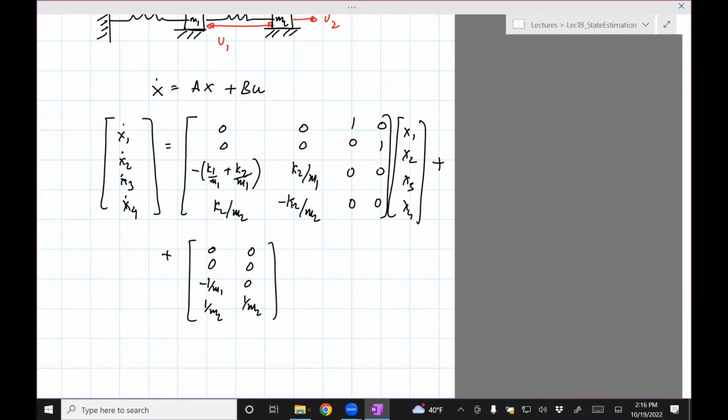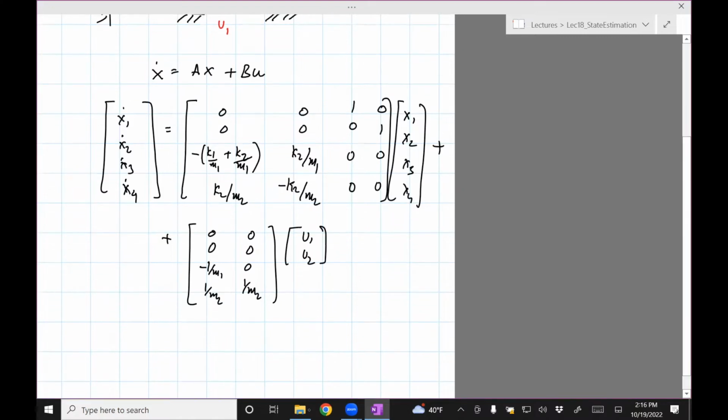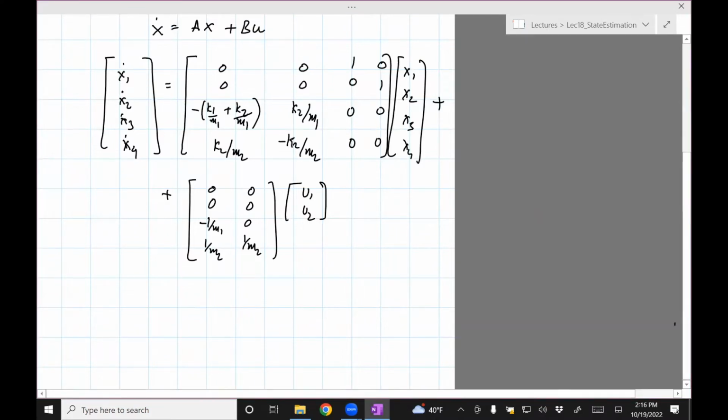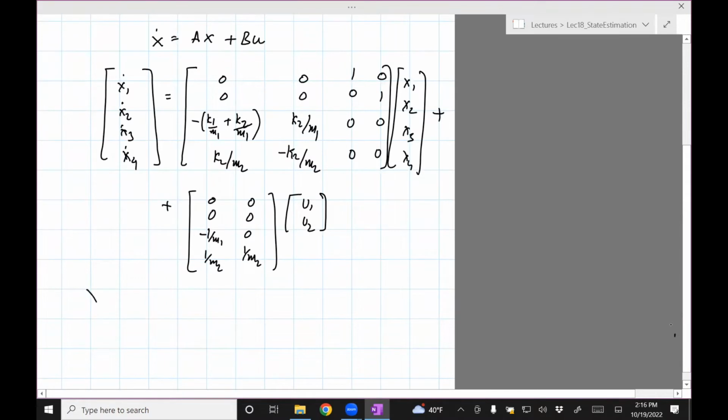And then the 2 controls were U1, U2. Okay, here X1 was Q1, X2 was Q2, X3 was the rate of change of Q1, and X4 was rate of change of Q2.